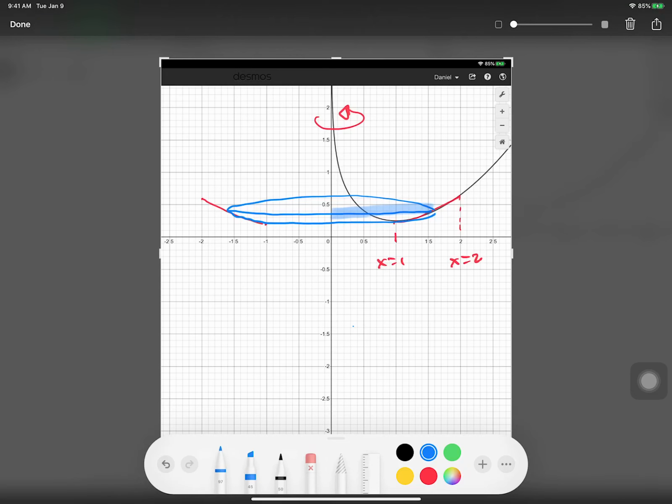So here's my r. You have to ask yourself, is that r a horizontal or vertical distance? Well, that looks horizontal to me. So that's an x value. r here is x. So we keep it simple. r is x. That's what we get when we rotate about the y-axis.